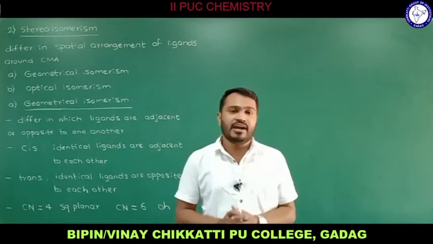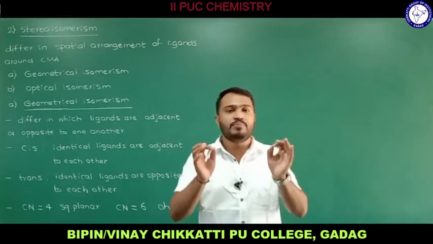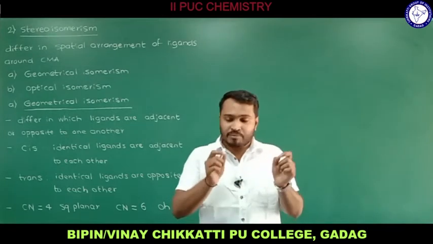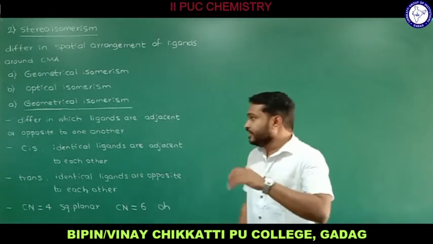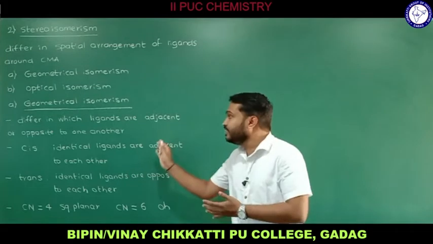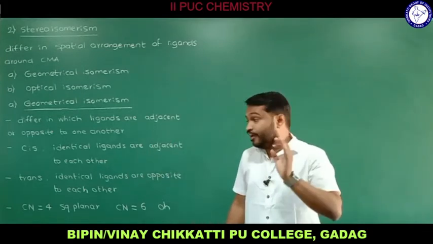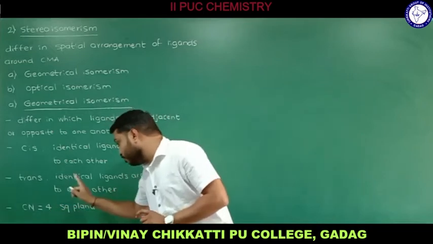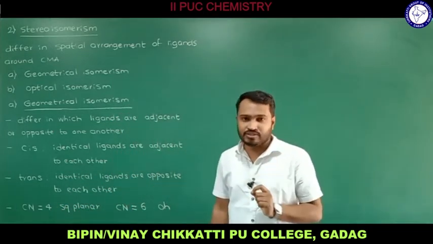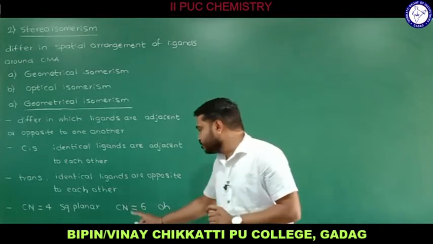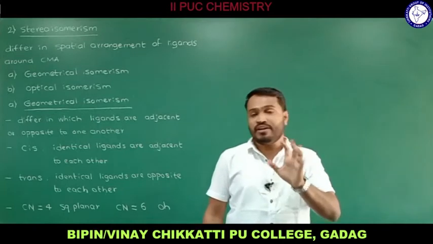The reason is that in a tetrahedral geometry, the positions of ligands around the central metal atom are all the same, so there is no chance of differing in adjacent and opposite positions. Therefore, with coordination number 4, only square planar complexes show geometrical isomerism, and with coordination number 6, octahedral complexes show geometrical isomerism.